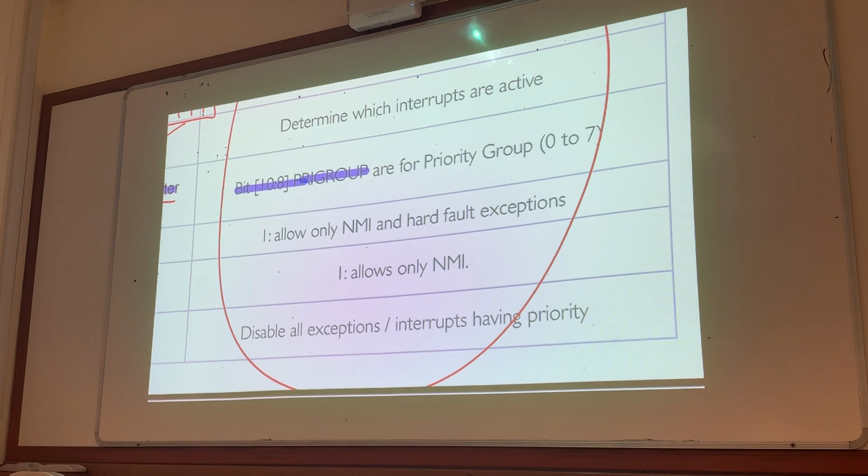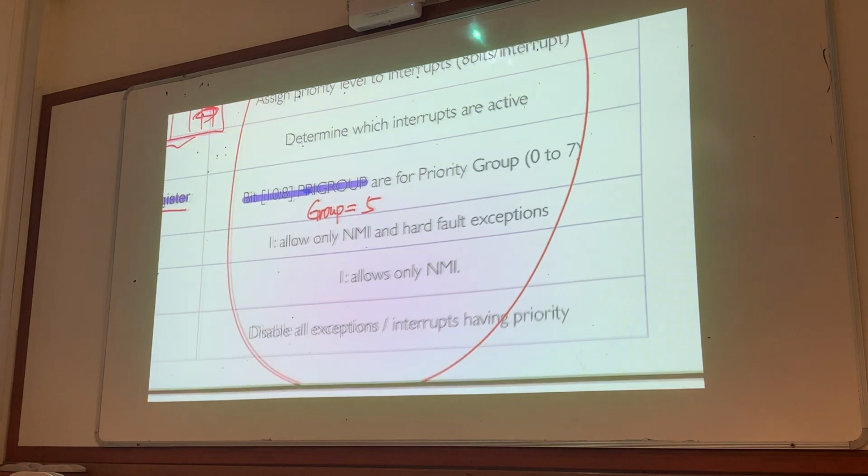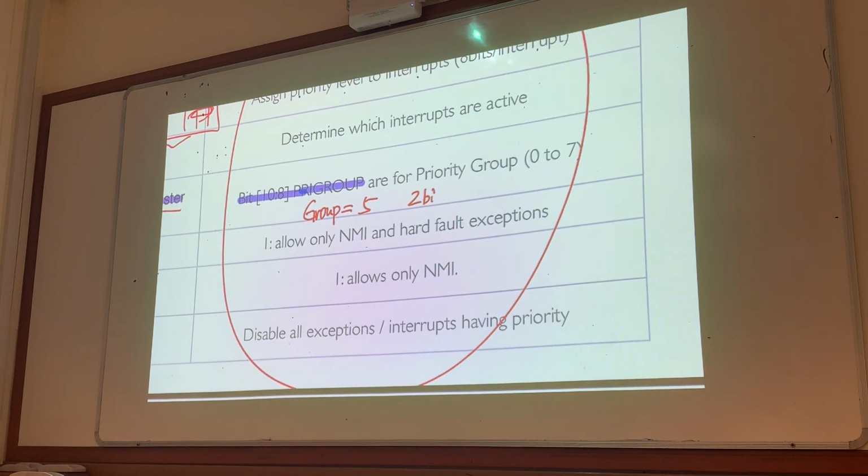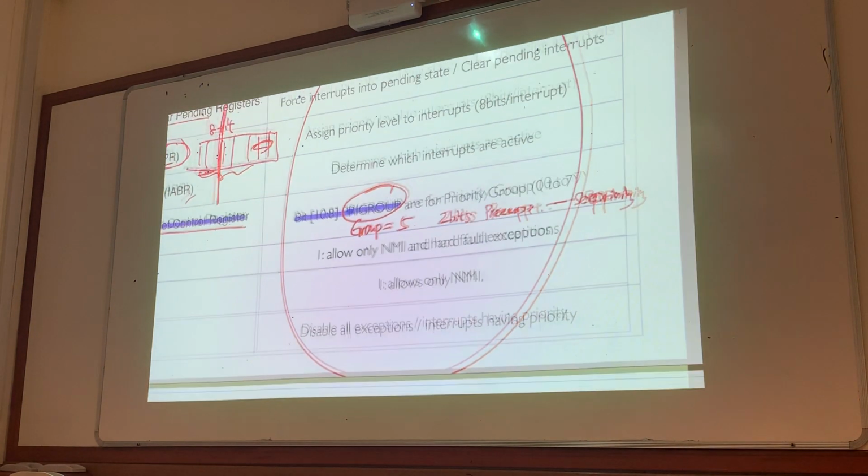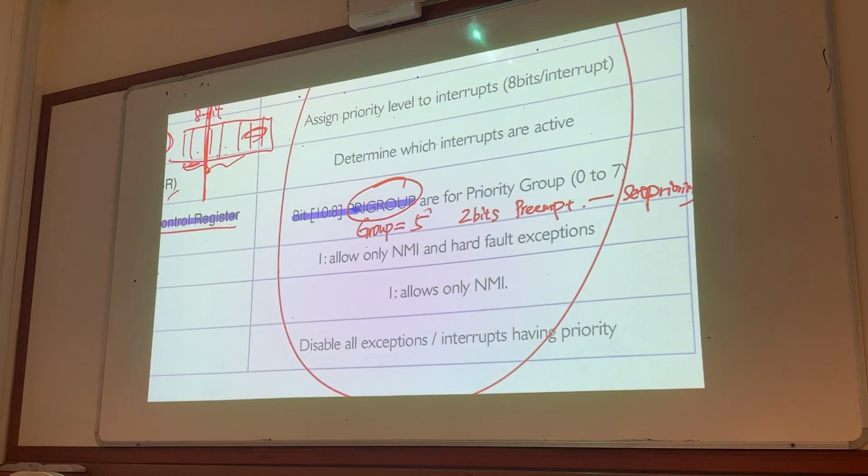For example, when the group is 5, what we did is we choose 2 bits for our preempt priority and all the others for my sub priority. So this is also something our programmer sets. Basically, how you set this number is you put the value into these bits.